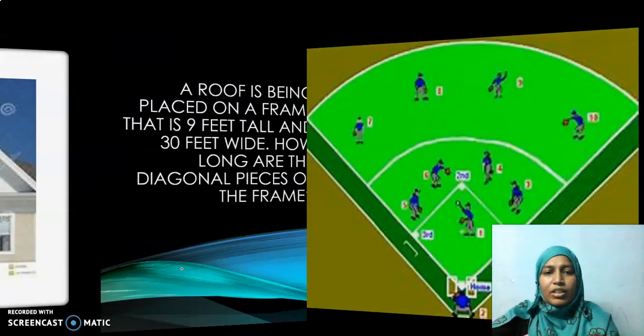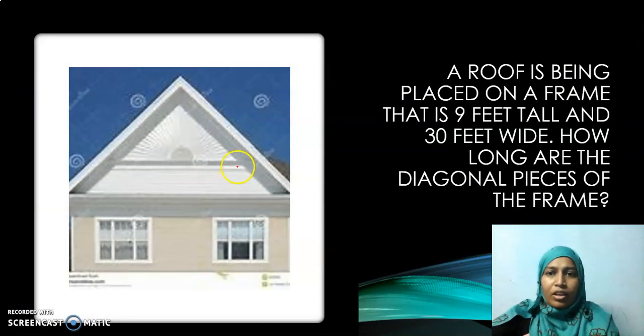Okay. Now, the next question is, a roof is being placed on a frame that is 9 feet tall. See, this is the frame. Okay, 9 feet on a frame that is 9 feet tall and 30 feet wide. How long are the diagonal pieces of the frame?